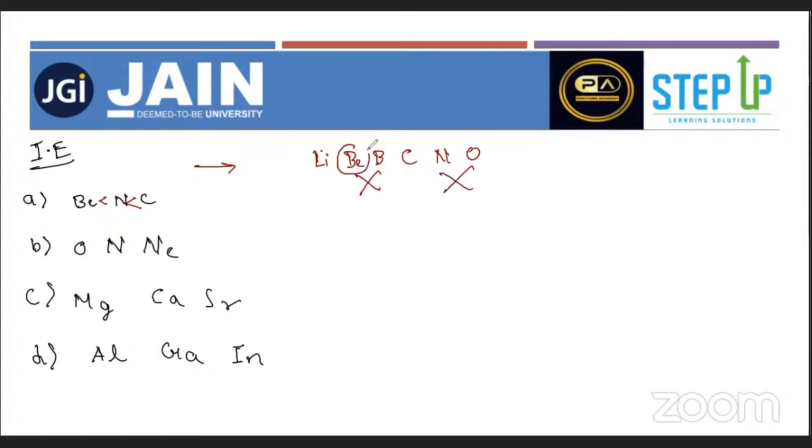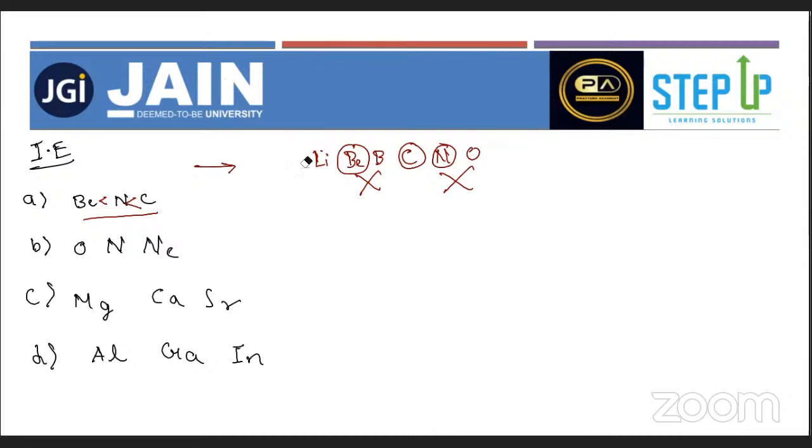So I'm giving you which one? I've given you beryllium, nitrogen, and carbon. If you see here, beryllium is going on this side, but carbon is not being touched. Nitrogen is going this side. So there is no change in this, right? Only this carbon. I have to compare beryllium, nitrogen, and carbon.